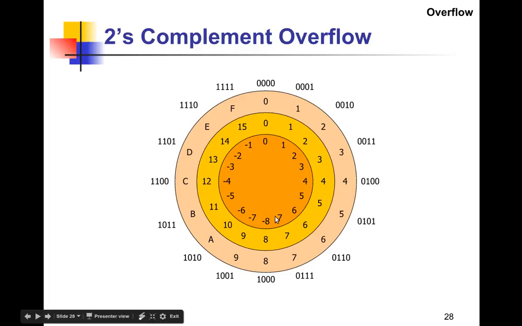And notice it's all wraparound. This is a circle. It's a wraparound kind of a deal. So when you overflow, if you take 6 and you add 2 to it, you're going to end up with -8, but you're going to end up with that overflow. Because if you add 6 and 2, you're going to end up right here with 1, 0, 0, 0, and that's a -8.